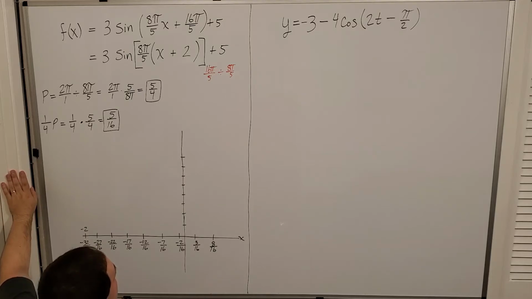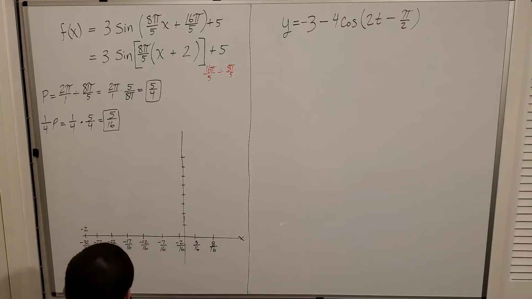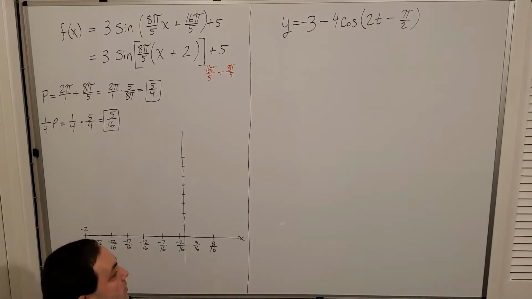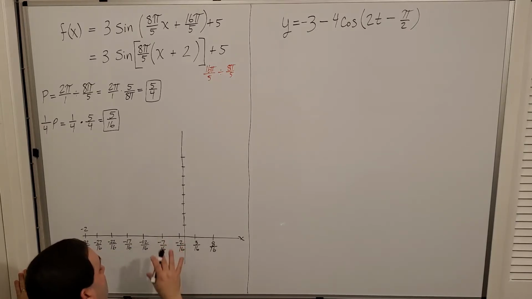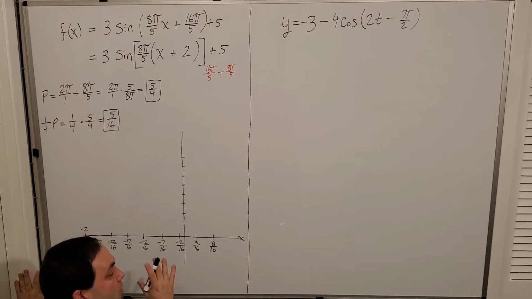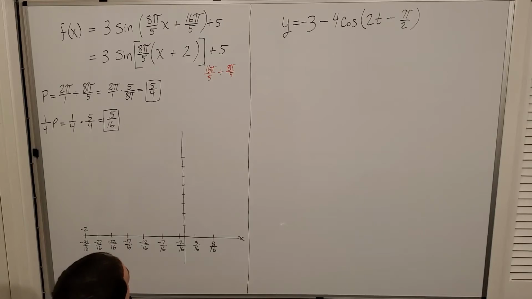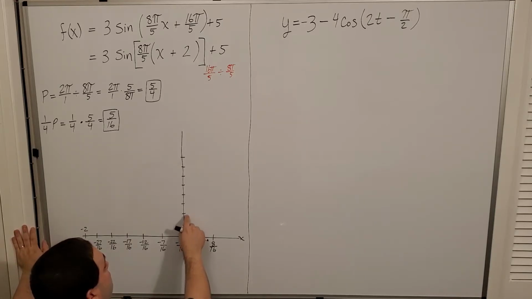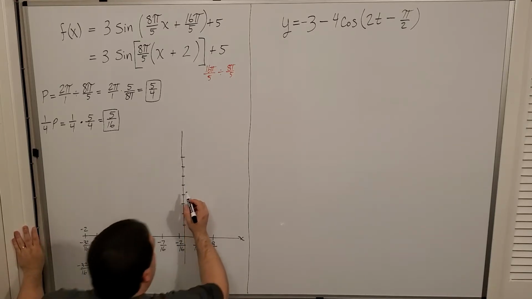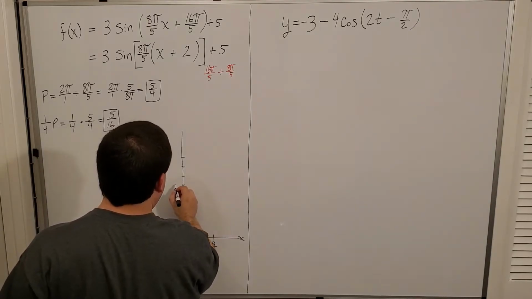Of course, I'm doing this by freehand. If I wanted to really measure it out and get it nice and good, it would probably be a lot more accurate. But that's not what we're going for here. We're going for where is it located? Is it the right shape? Is it in the right direction? That sort of thing. Okay, so 1, 2, 3, 4, 5 is my center line here.